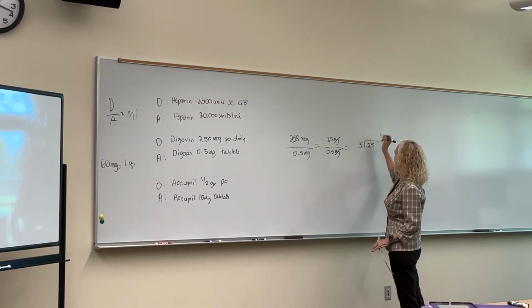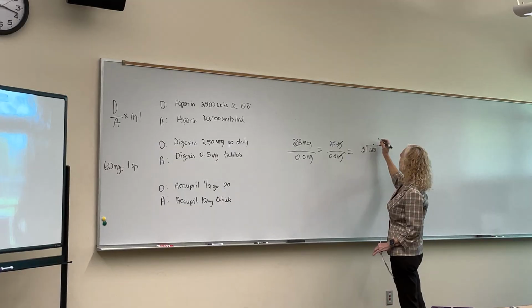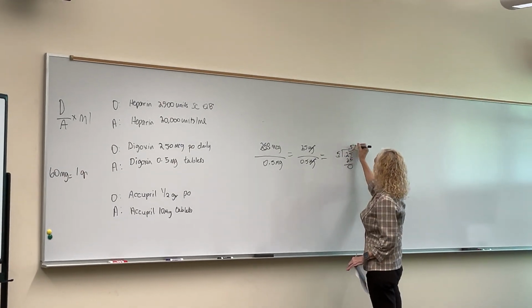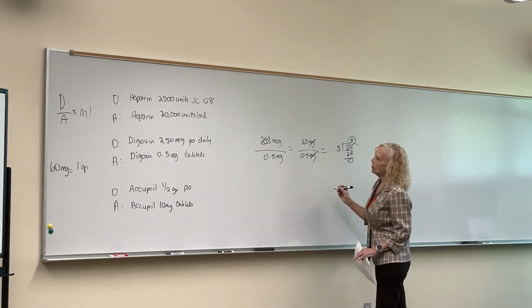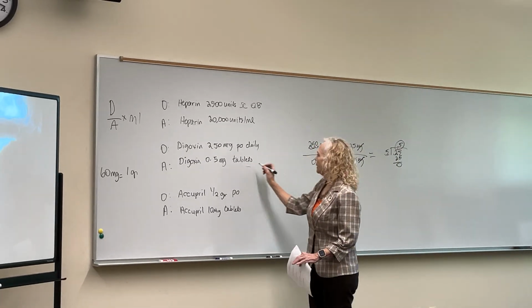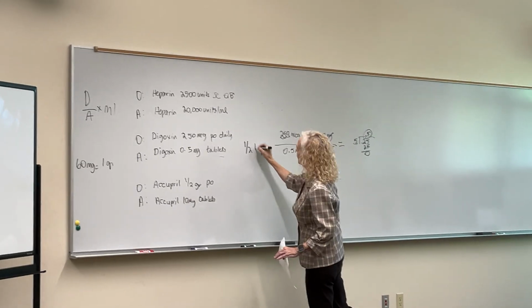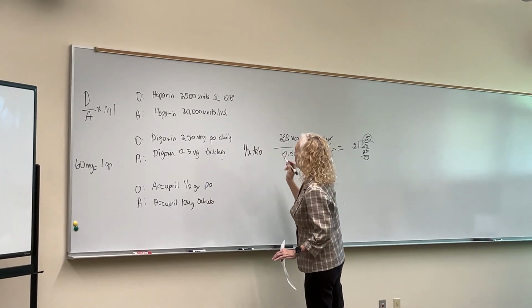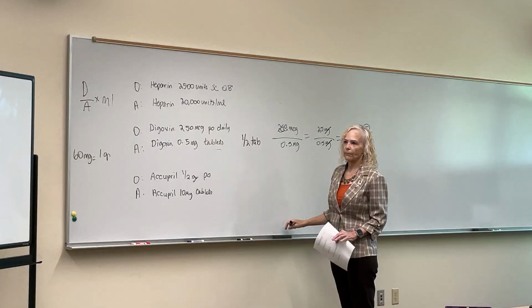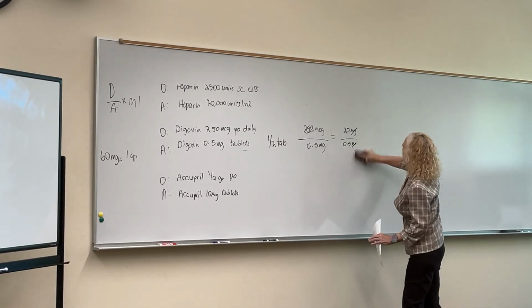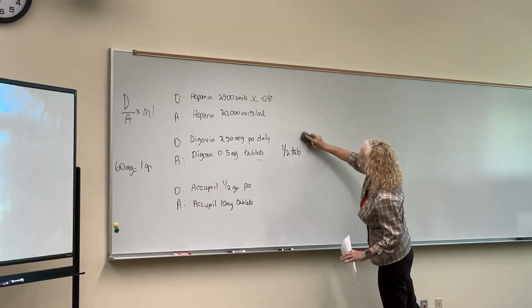So we bring it up here. So 5 goes into 25, 5 times. So we have 0.5, and we're looking for tablets, and 0.5 tablets is 1/2 tablet. It's more accurate to say a half tablet than 0.5 tablet. Okay, that's that problem, and moving on to the third problem.